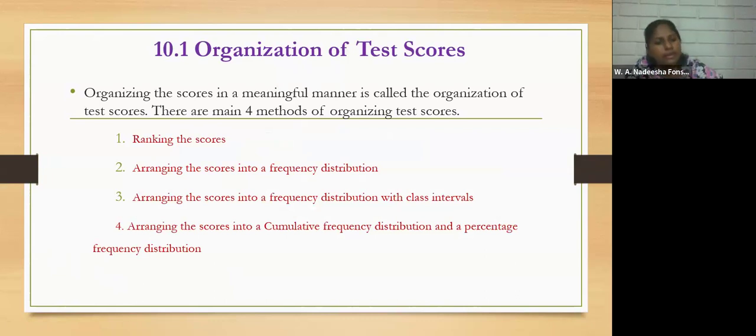Those are the ranking method, arranging the scores in a frequency distribution, arranging the scores into a frequency distribution with class intervals, and arranging the scores into a cumulative frequency distribution and a percentage frequency distribution. Those are the 4 main methods of organizing test scores we are going to discuss today, under frequency distribution.